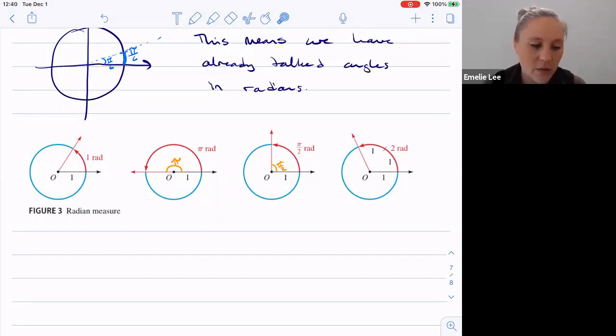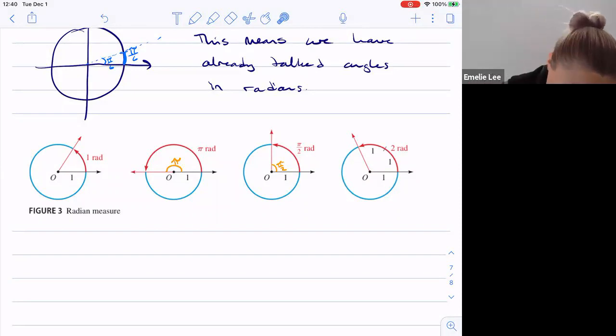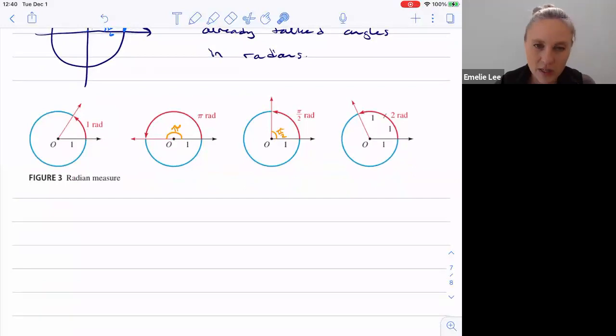Pi divided by 2 on your calculator is roughly 1.57. So here you're at 1.57, and you'd go a little bit further. That must be a distance of 2 on the unit circle. So radians are just taking that distance from the arc and making it an angle instead. They're the same.